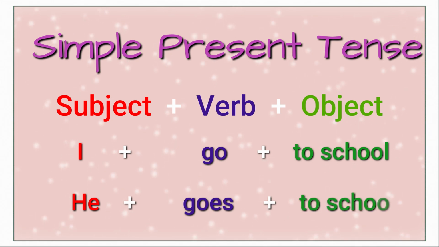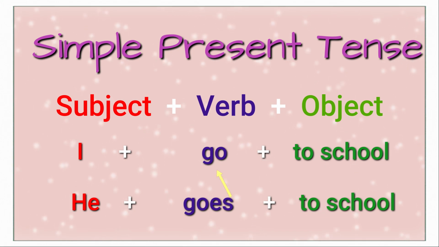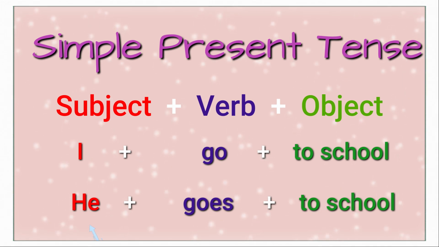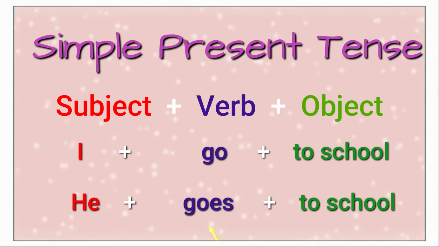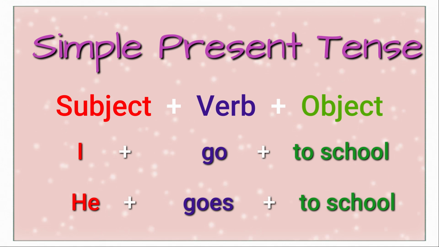Here we have taken I as a subject, go as a verb and school as an object. Next, in the next sentence, he is a subject, again go is a verb and school is an object. Here you can see the changes in the verb.